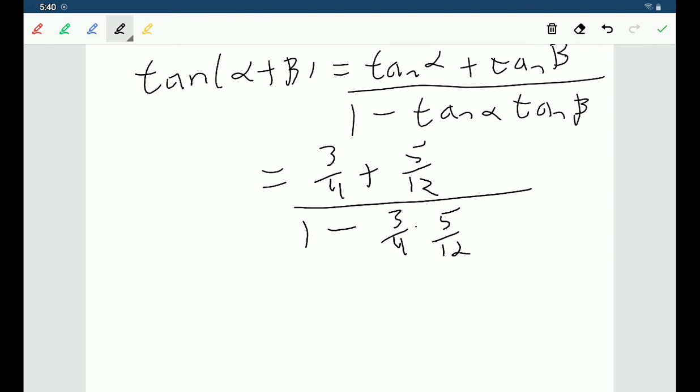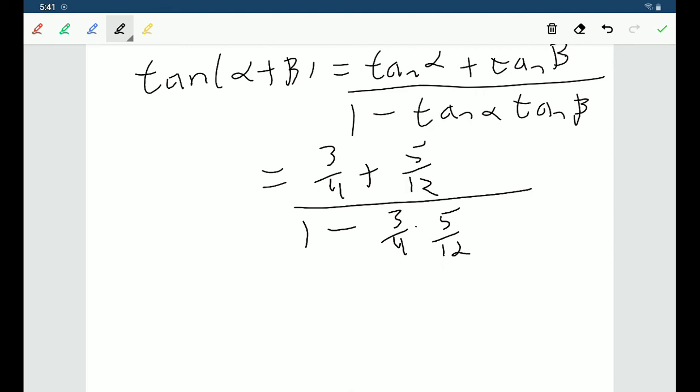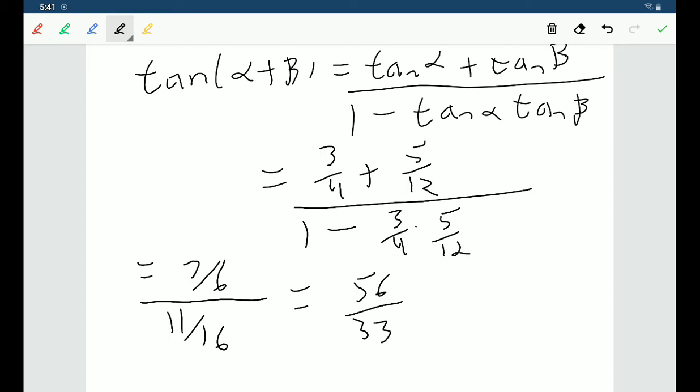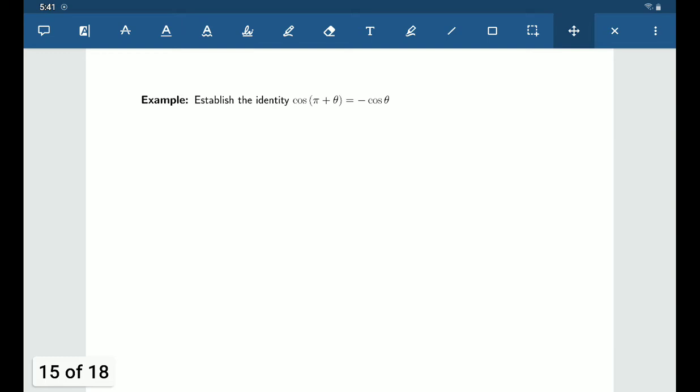And then the only thing left for us to do is simplify. Evaluating 3/4 plus 5/12, that's 7/6. 1 minus 3/4 times 5/12, that's 11/16. And then simplifying, we get 56/33.